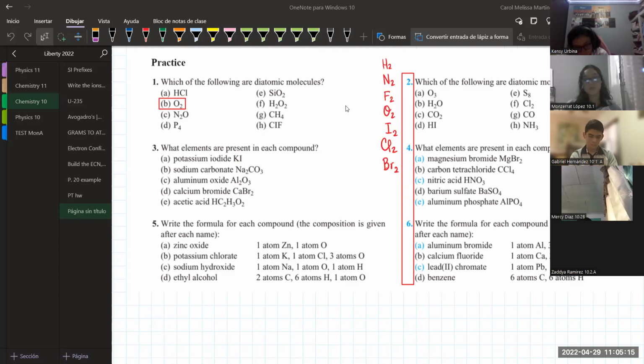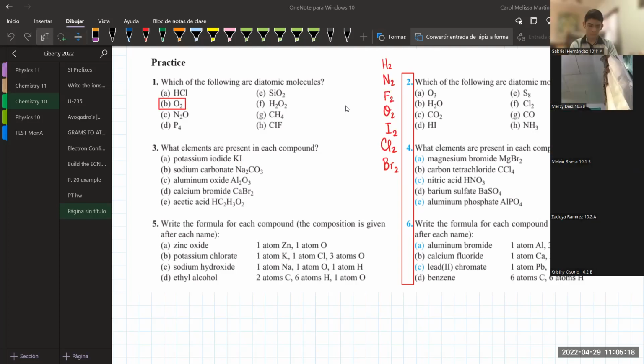The first compound is potassium iodide, which has the chemical formula KI. How many elements are in this compound A? 2. Okay, potassium and iodine. Those are the two elements that make up the compound potassium iodide.